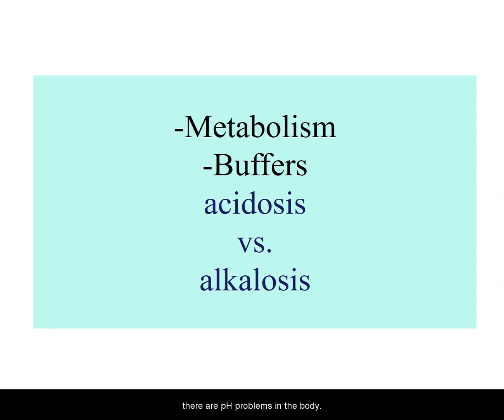This can happen if there are pH problems in the body, if those enzymes that act as buffers are not acting right, if the liver's not functioning right, or if the pancreas, which makes some of these enzymes, is not functioning correctly. Then acidosis or alkalosis can happen, a change of the pH of the blood.